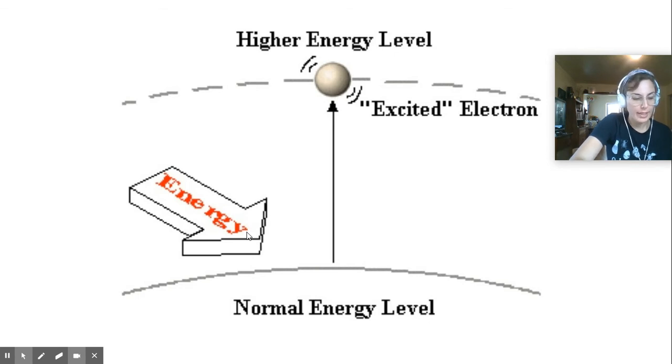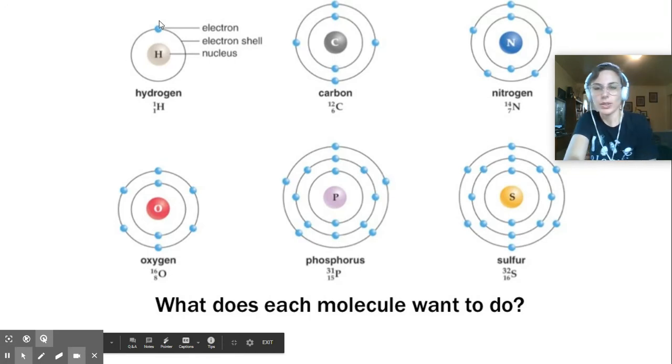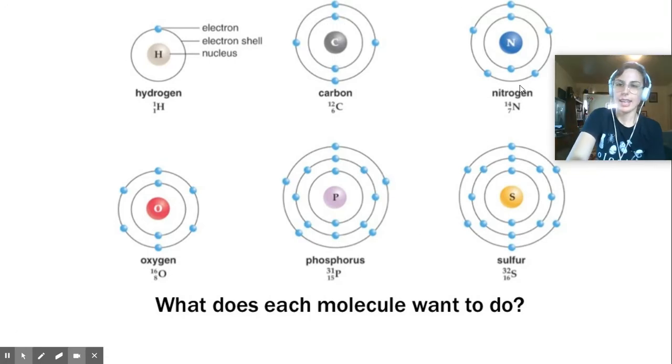Really what this is saying is that an electron, as it absorbs energy, is boosted up to a higher energy level where it has more potential energy. So let's look at a handful of these elements, these atoms, and see, just based on the number of valence electrons, how we think it's going to act.